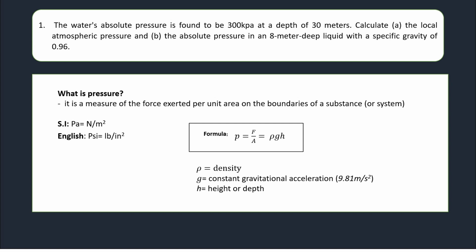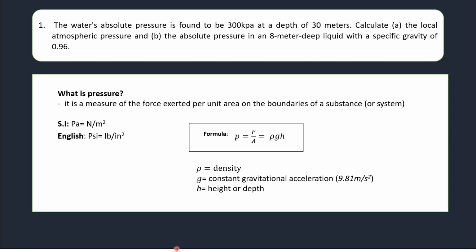What is pressure? It is a measure of the force exerted per unit area on the boundaries of a substance or system. Here we have the unit of pressure in SI: Pascals is equal to Newton per square meter, and in English we have PSI, or pounds per square inch.